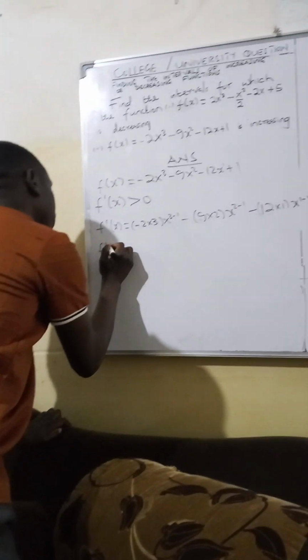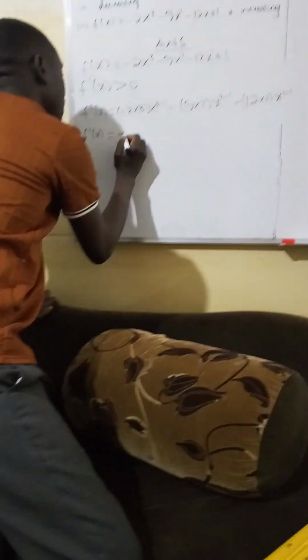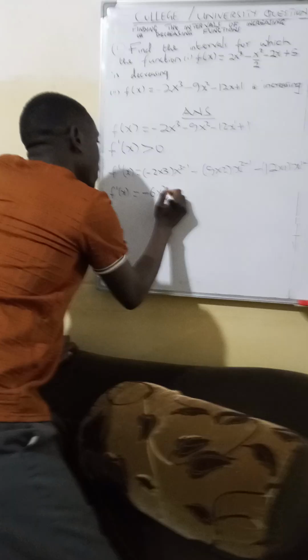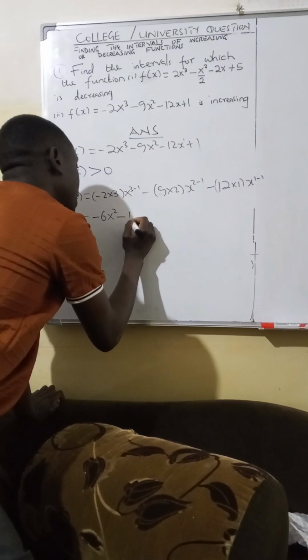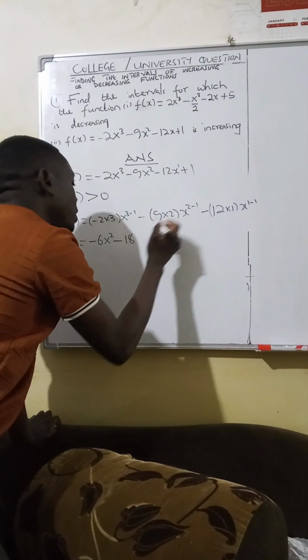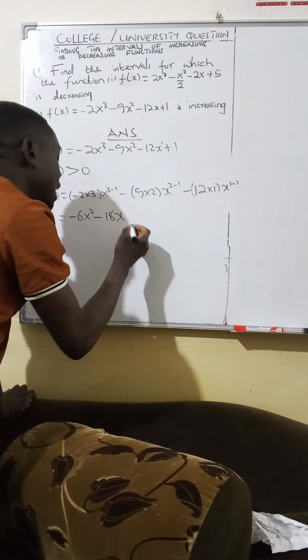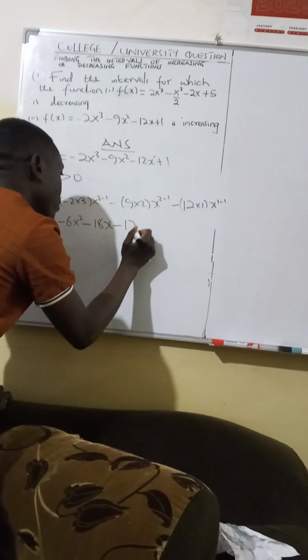So my f prime of x will be equal to negative 2 times 3, I'm going to get negative 6. 4 times 1 is just 4.